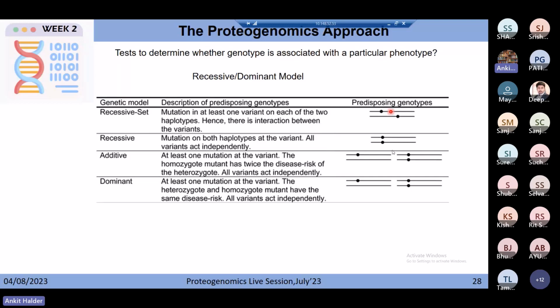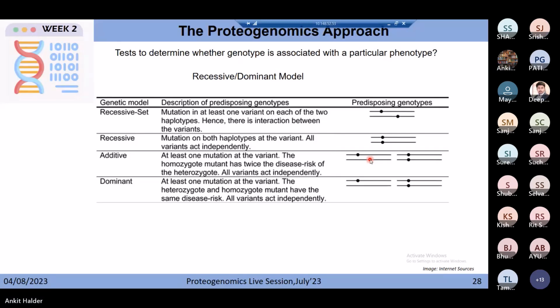But in the additive, if the mutation is in both the haplotypes, then the effect will be much more, meaning it will be added to what happens in one haplotype. Okay, so these are the models. Hope it's clear, right?